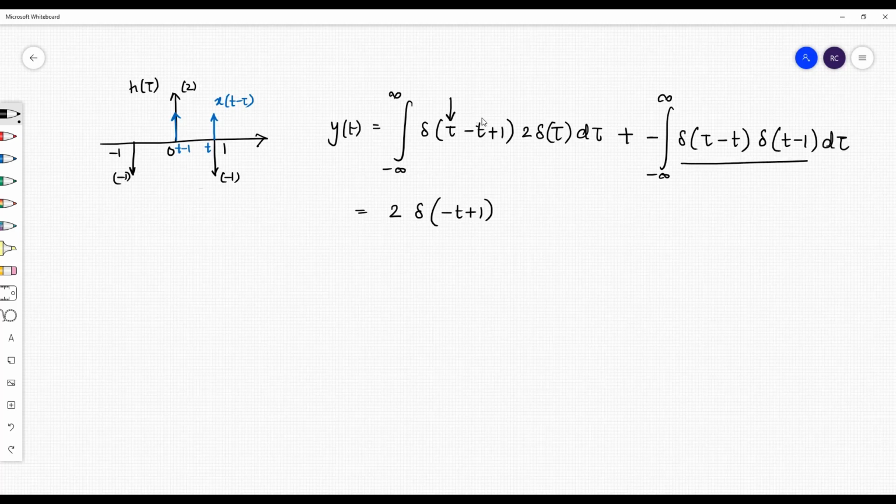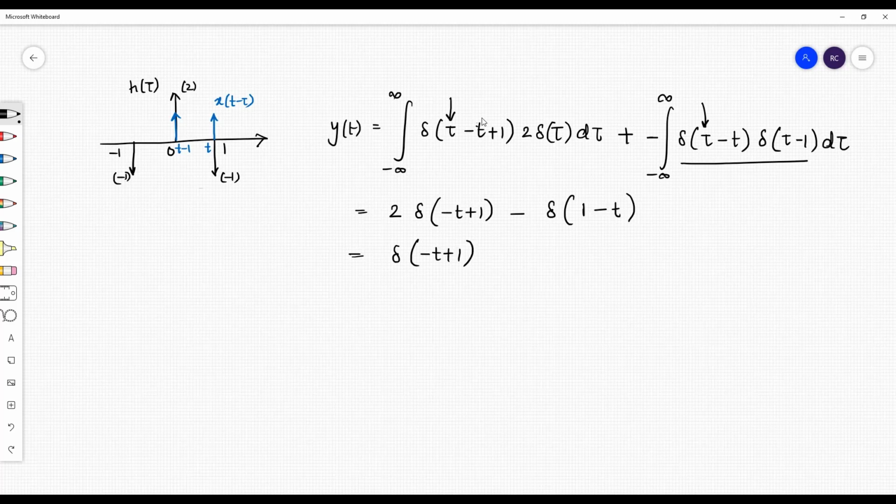Now this product will be non-zero only at tau equal to 1. So I plug in tau equal to 1 here, take it out. The rest of the thing is 1, we know already. So this becomes delta of 1 minus t, or delta of minus t plus 1, the same as this. So we get delta minus t plus 1.